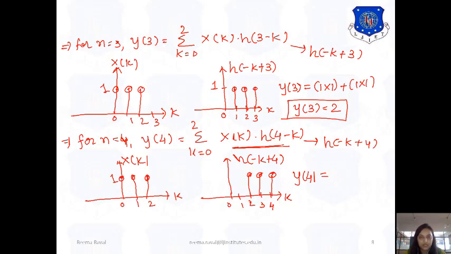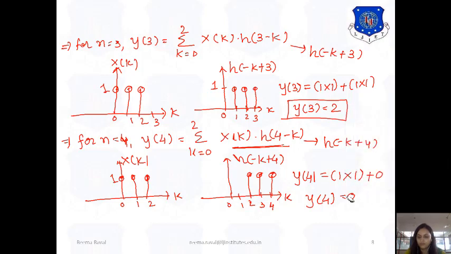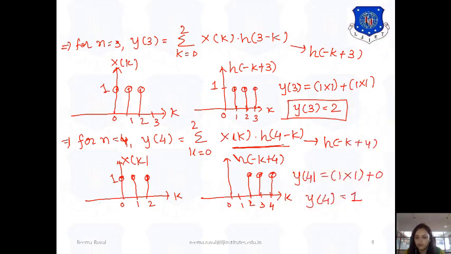Here at 0, 1 there is value 1, but here at instants 0, 1 there is no value. So we multiply only instant 2, which is common. So we get 1 into 1 only, plus other values are 0, so you can consider them as 0. So y of 4 equals 1.